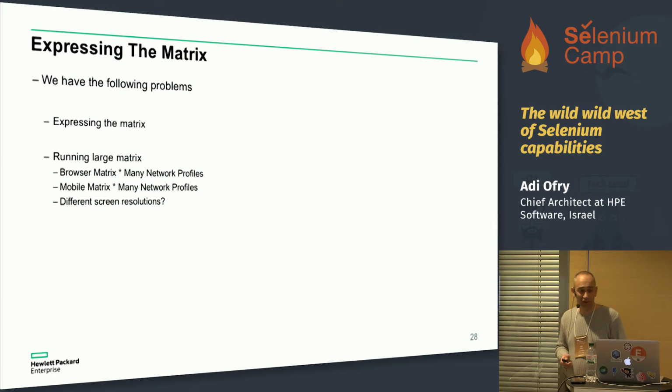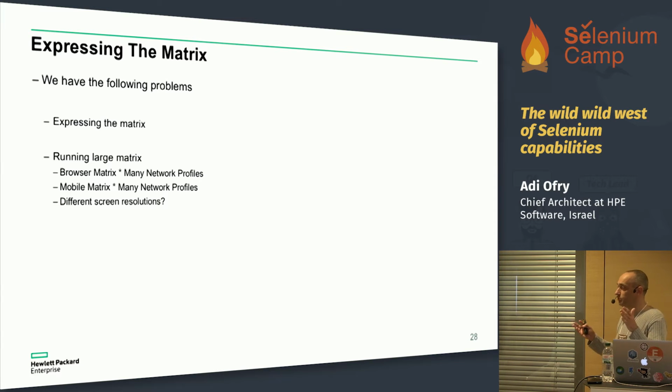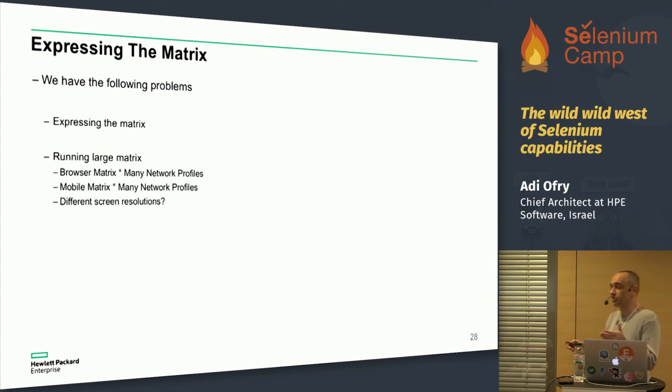So now we have the following problems. One is expressing a very large matrix of testing. And the second is doing the matrix, the actual operation. It's not functional testing, it's not your work, but it became your work. You have to test all the browsers on all the OSs and a lot of mobiles. What about screen resolutions?